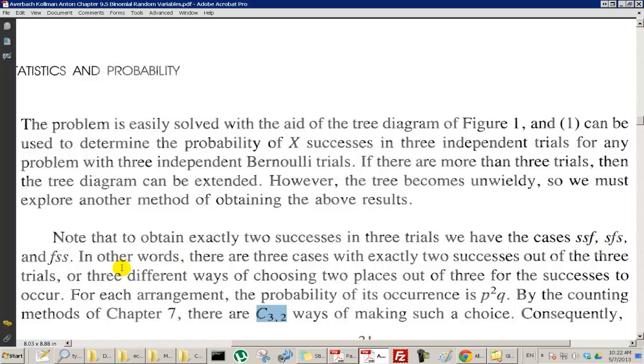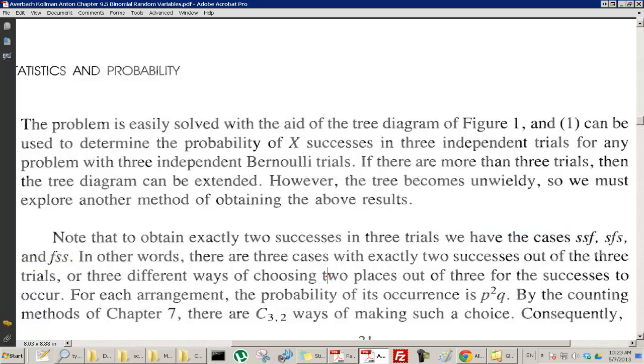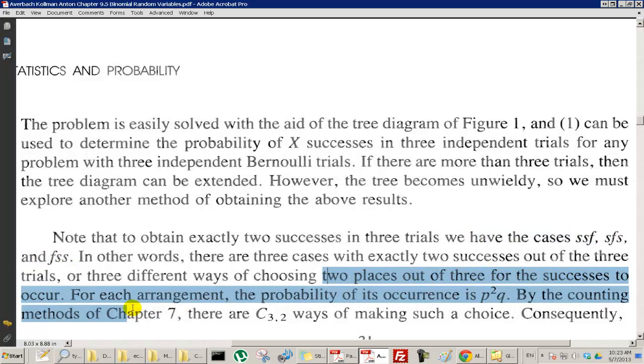So they say, note that to obtain exactly 2 successes in 3 trials, we have the cases this, this, and this. In other words, there are 3 cases with exactly 2 successes out of the 3 trials, or 3 different ways of choosing 2 places out of the 3 for the successes to occur.